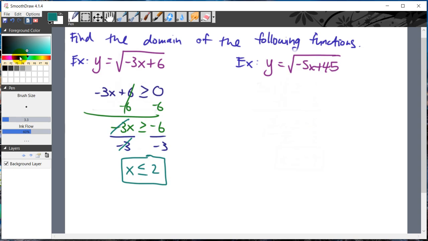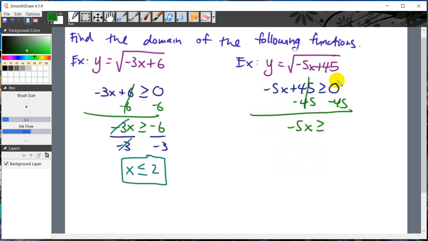Now we need to look at this one. Same idea. We set the inside, negative 5x plus 45, greater than or equal to 0. Now we need to get x by itself. Subtract 45 from both sides: negative 5x is greater than or equal to 0 minus 45, which is negative 45.